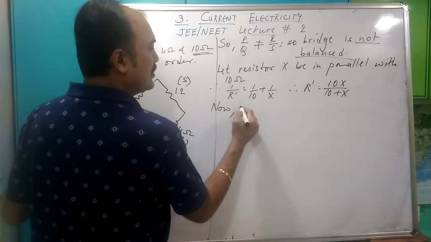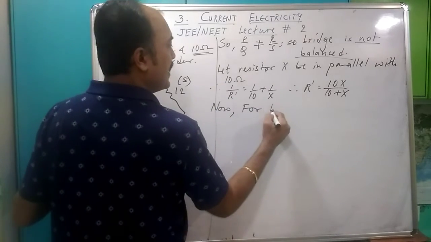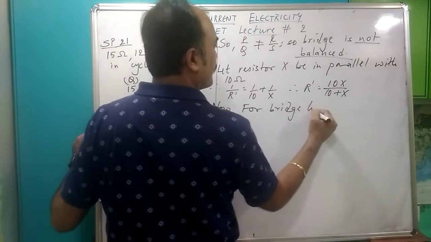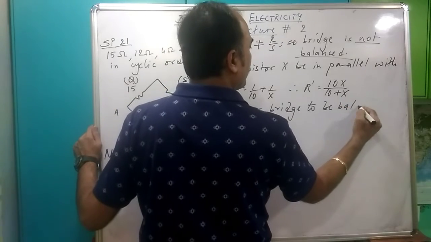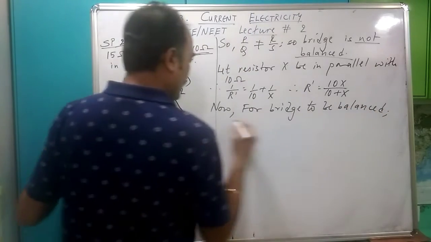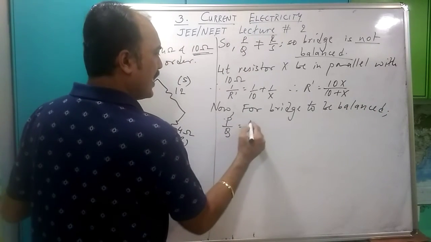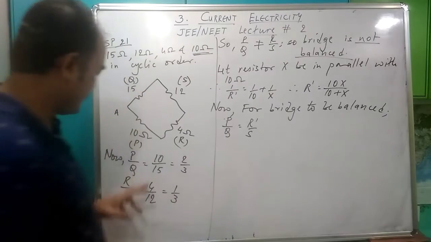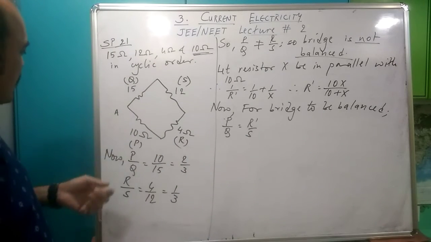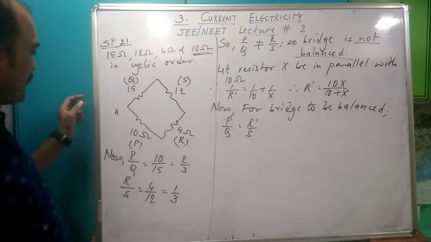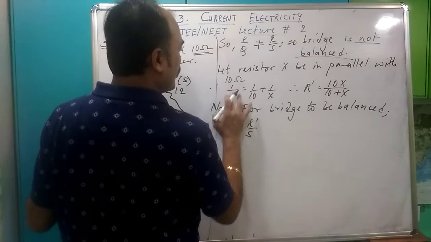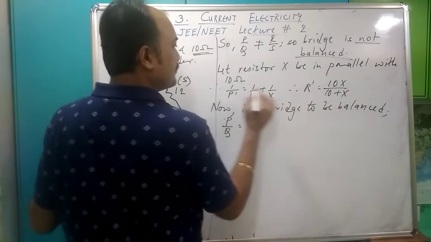Now for the bridge to be balanced, P by Q would have to be equal to R dash by S. Hey, 10 was P. So this is P dash, my mistake, not R dash, P dash.